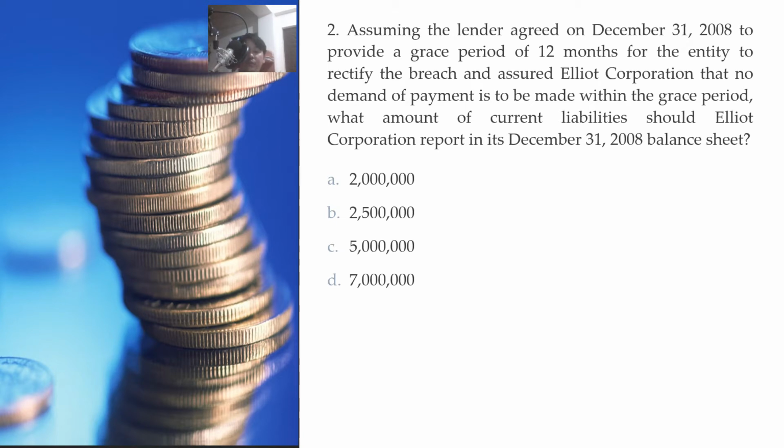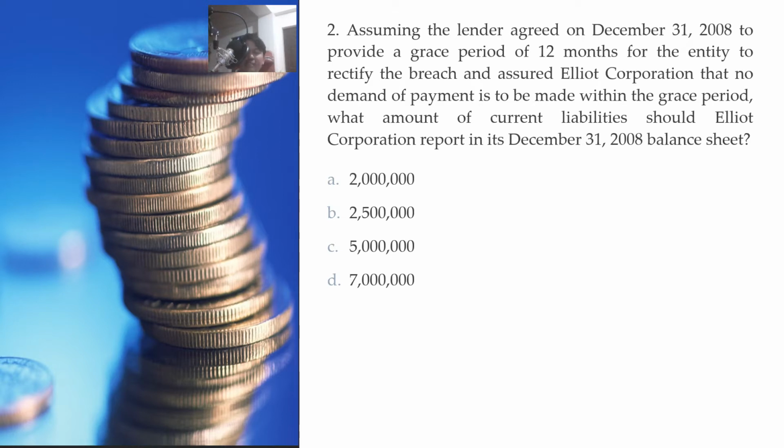Problem number 2. Assuming the lender agreed that on December 31, 2008 rather, to provide a grace period of 12 months for the entity to rectify the breach and assured the company that no demand of payment is to be made within that grace period, what amount of current liability should the company report in its December 31 balance sheet?